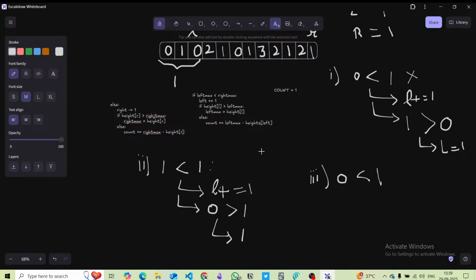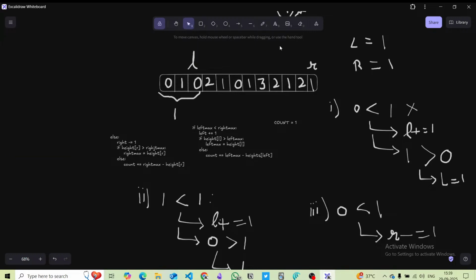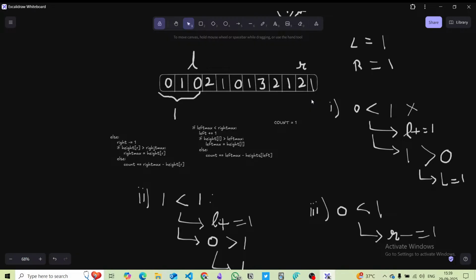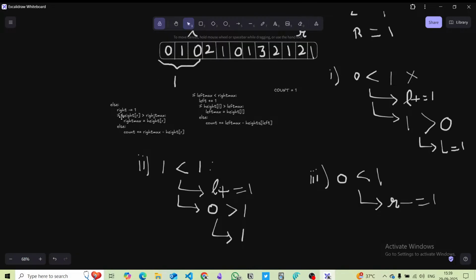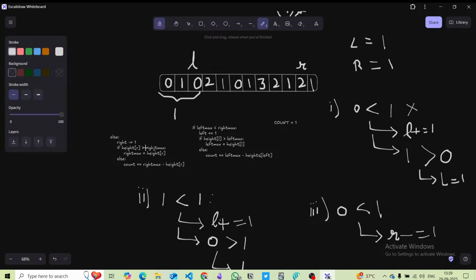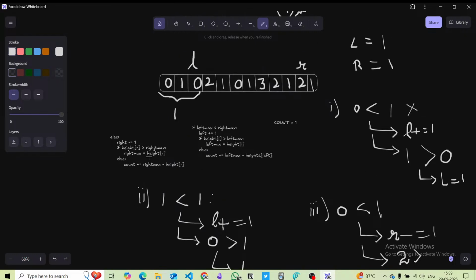So now this condition triggers this else statement. So now we just decrement the index of r, right? So now it will be decremented, right? And then next, what we need to do is if the height of r, here the height of r is 2, is greater than the right max.